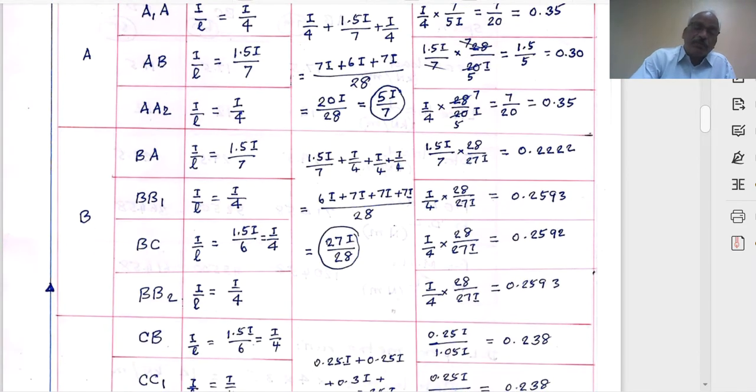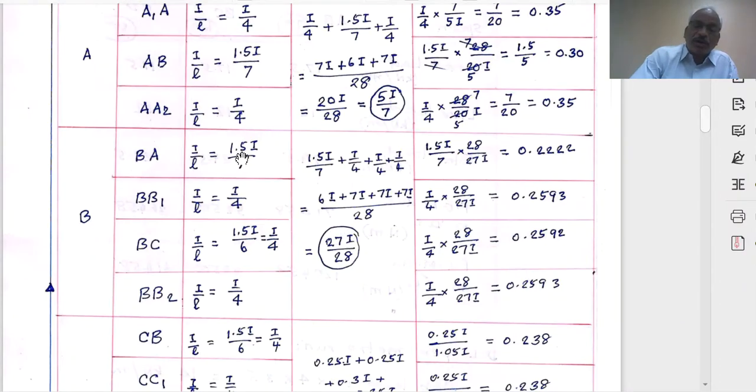Similarly, at joint B, there are 4 members. This we have already discussed, so we need not repeat. For the relative stiffness for members BA, B1, BC, we know the I values and L values, so we find the relative stiffness values. Then the sum of all these 4 values equals 27I by 28.